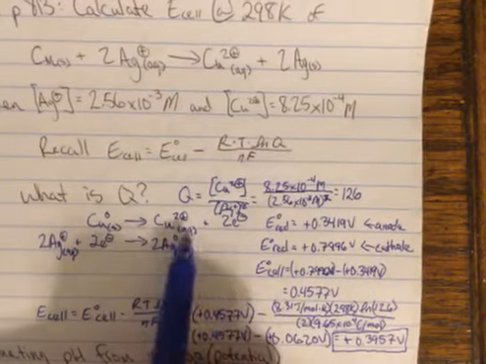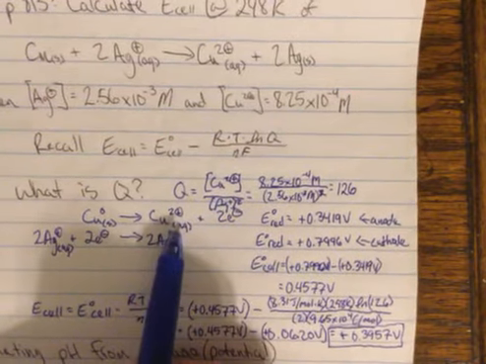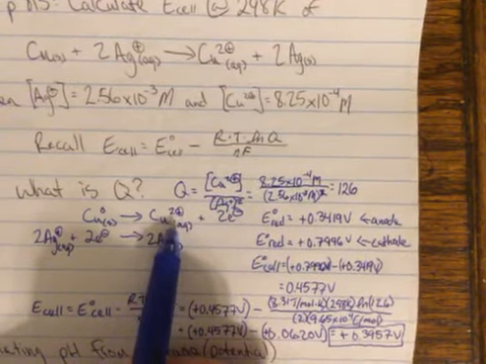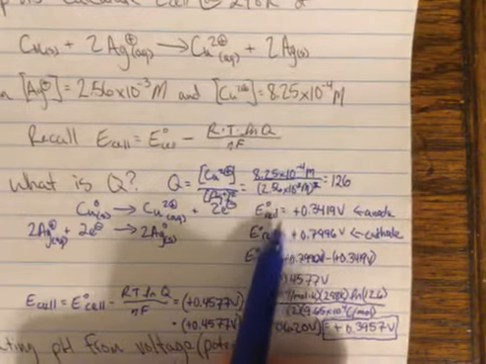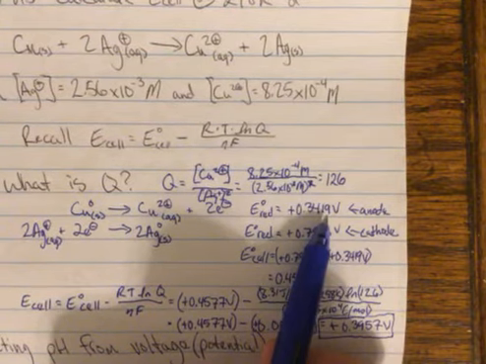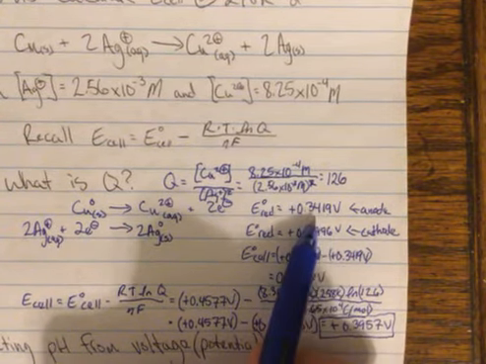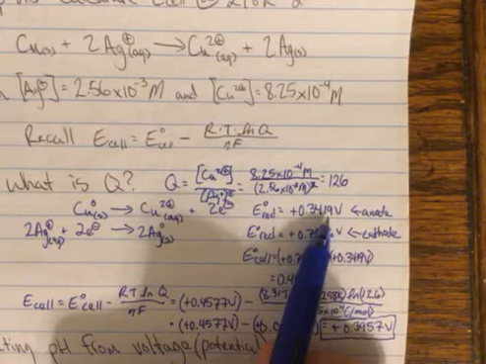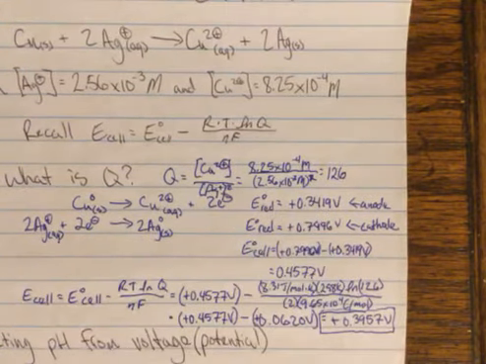Copper is going to relinquish 2 electrons, right? So it's going to let go of 2 electrons, go to 2 plus, and so that particular standard reduction potential is going to be 0.3419 volts.